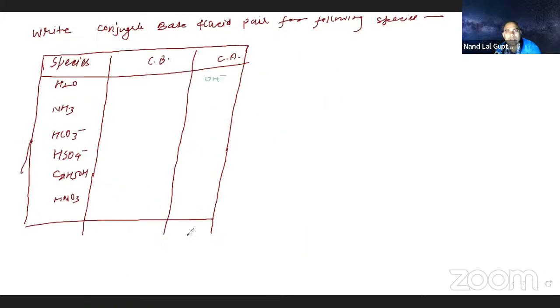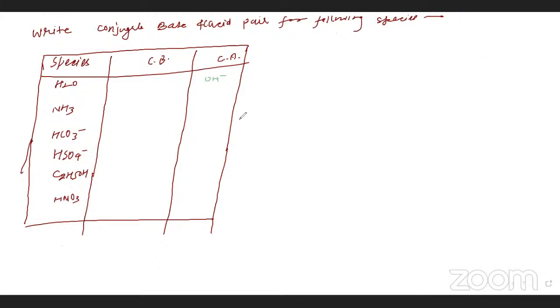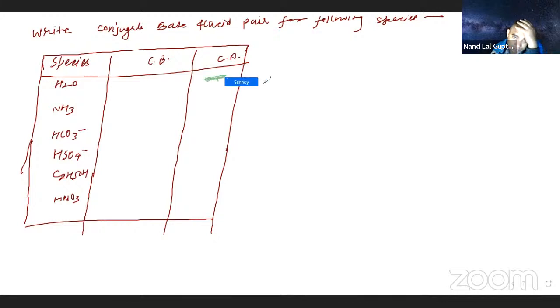Okay, write down. What you are writing is absolutely wrong. Okay, correct. What will be the conjugate acid?